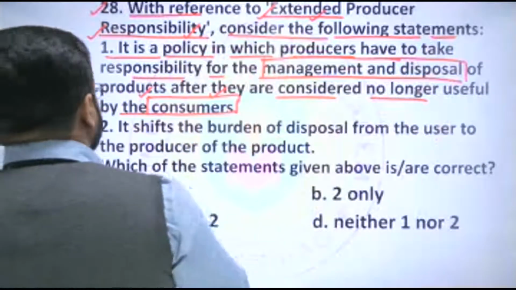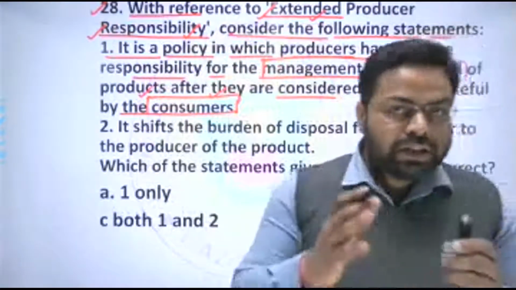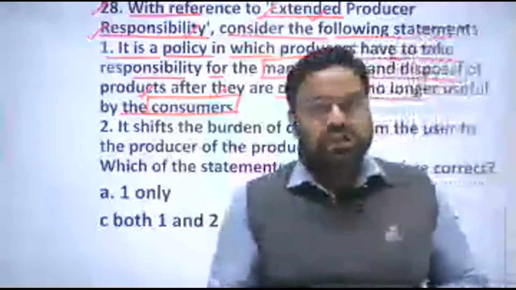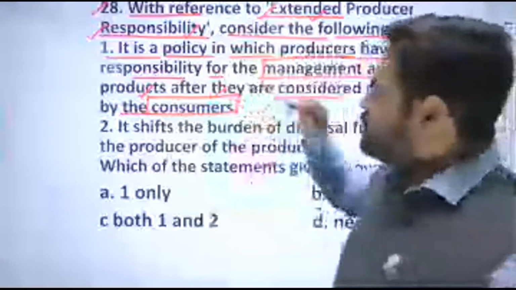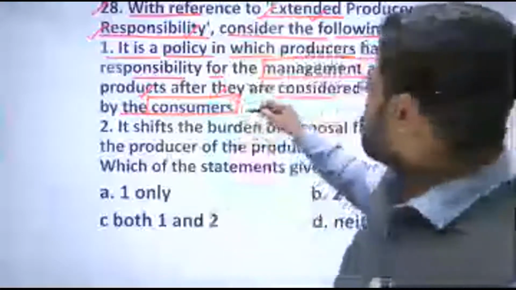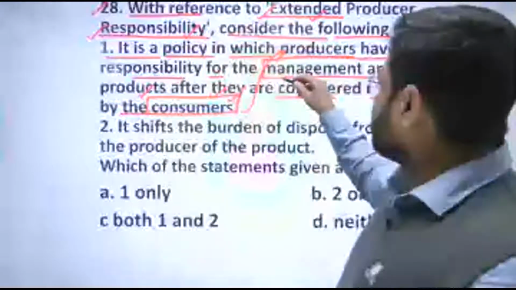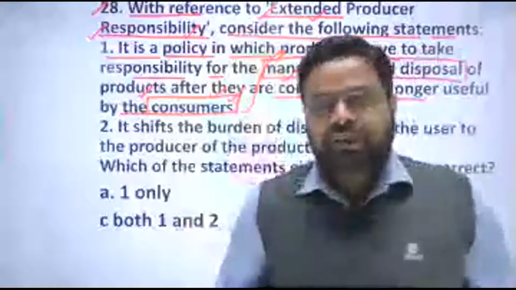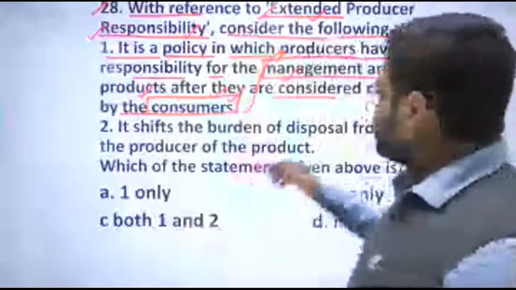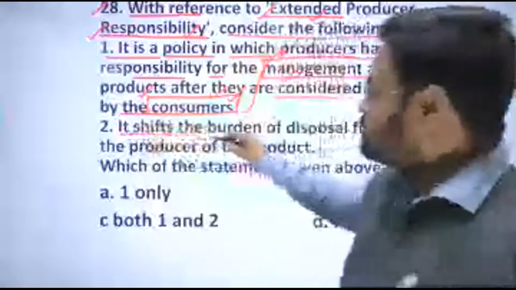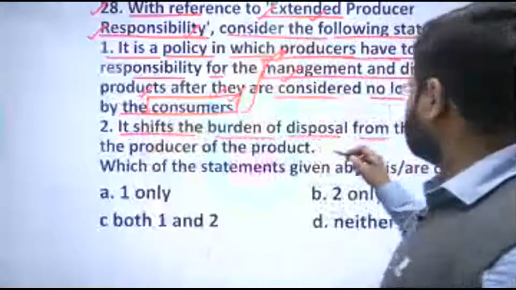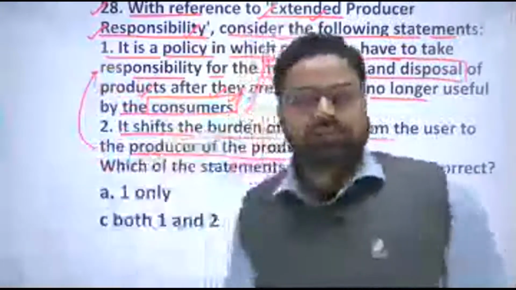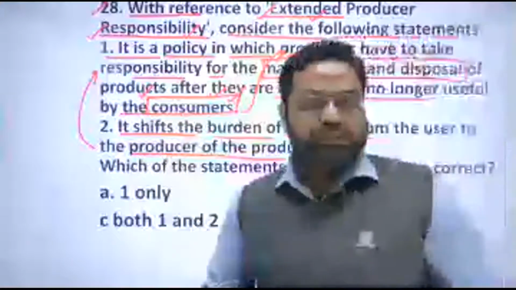So the first statement says that the management of such wastes, e-waste or plastic waste, whatever it is, has been shifted from the consumer to the producers to manage and dispose of in an environment friendly manner, right? The next statement says that it shifts the burden of disposal from the user to the producer. So it is just a supportive statement supporting the first statement, right?